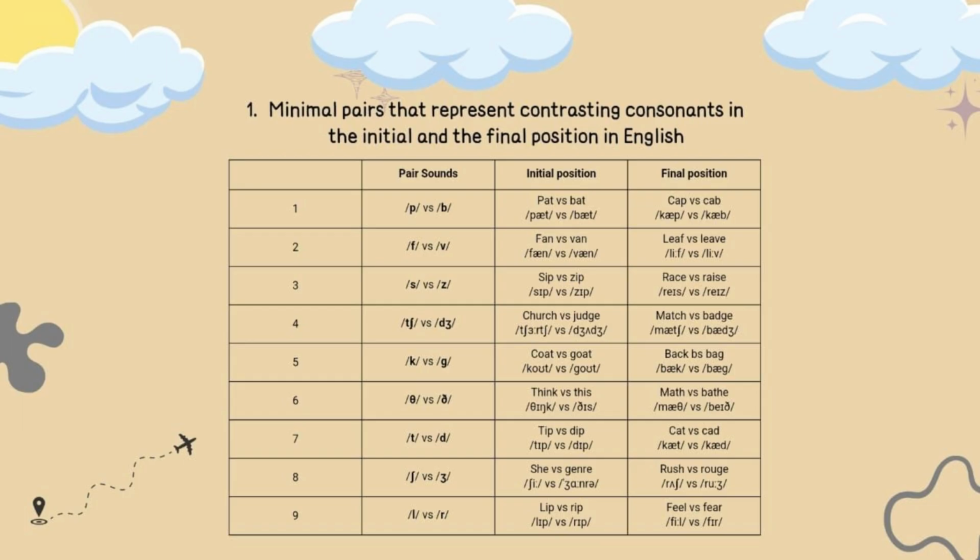These are dental fricatives, made with the tongue against the teeth. The next is t and d. These are alveolar plosives. The next is sh and zh. These are post-alveolar fricatives. The last one is l and r, where l is a lateral approximant and r is an approximant.